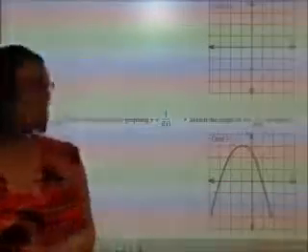So if this was my original graph, how would I sketch the reciprocal of this graph? What would I do?